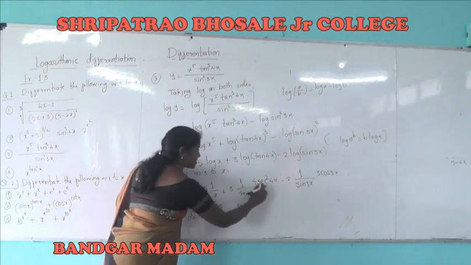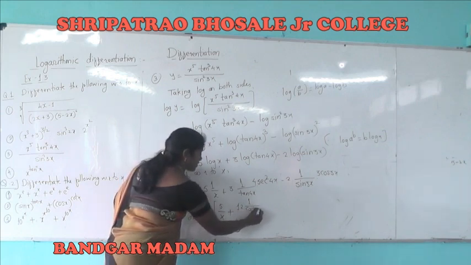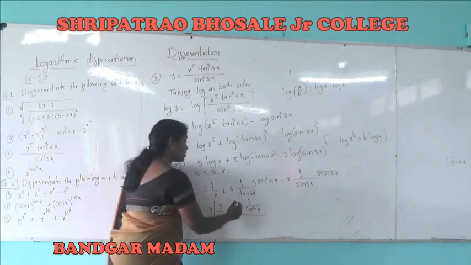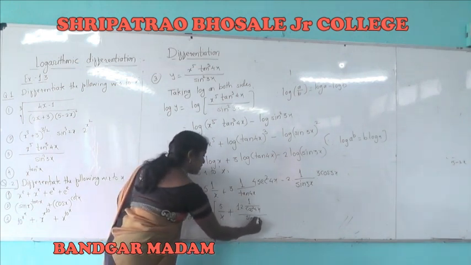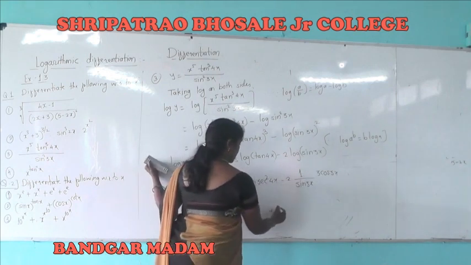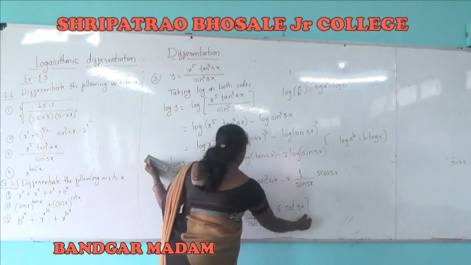So we will write it as sec is reciprocal of cos, so 1 upon cos square 4x, and in the denominator tan 4x will be sin 4x upon cos 4x, plus 2 into 3 is 6, cos upon sin will be cot 3x.